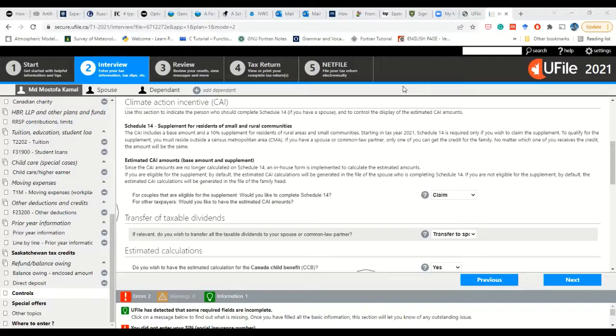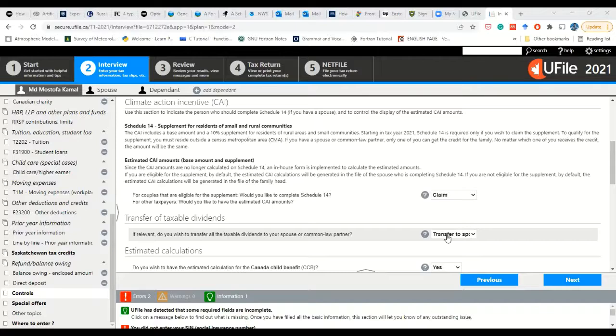And you know that the due date of submitting your tax return is April 30, but you can submit your tax return at any time of the year. If it is you who will receive money from the government, then there will be no problem, there will be no penalties.